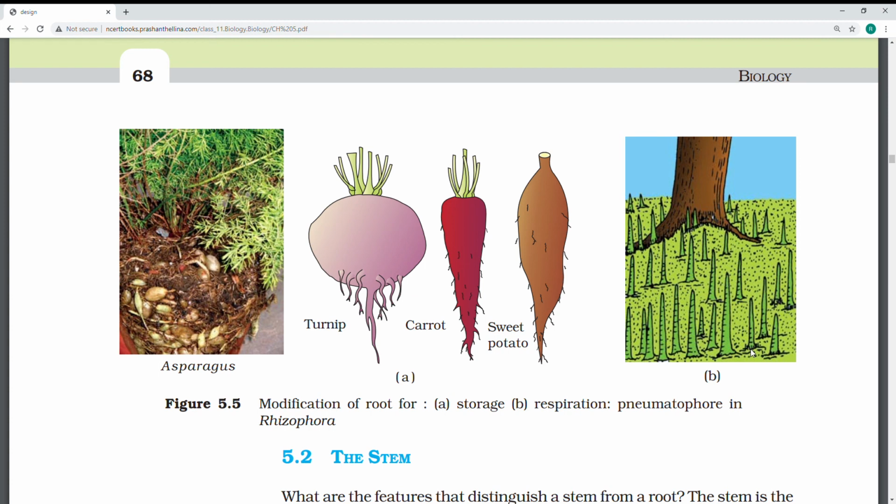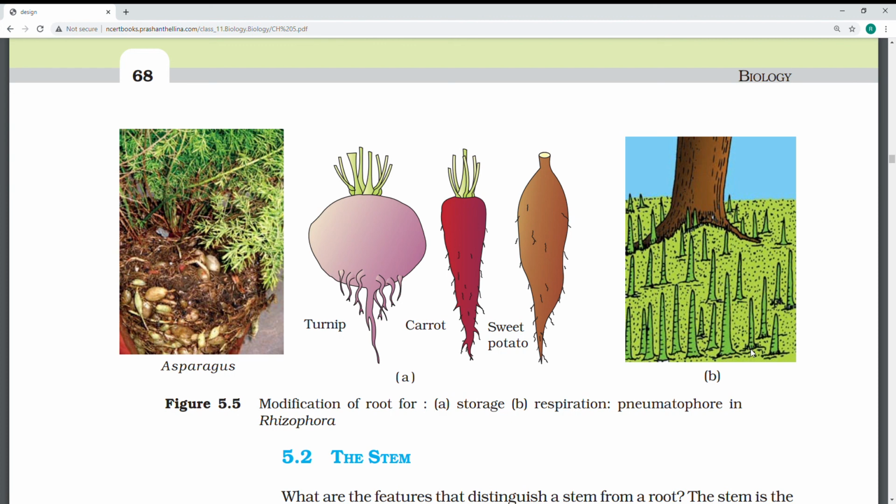And like these, there are some more which they have included. There are leafy roots for Bryophyllum. In the Bryophyllum plant, the leaf falls down and then a new plant comes. There are floating roots like Jussiaea, and parasitic and epiphytic roots, different ones.